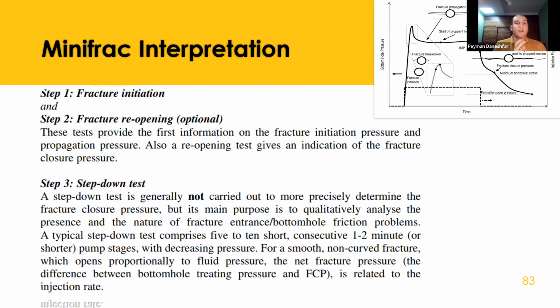For step 2, we can find fracture initiation and propagation pressure. And a step down test is generally not carried out to precisely determine the fracture closure, but it may be used to qualitatively analyze the presence of natural fractures and trace bottom hole friction problems.